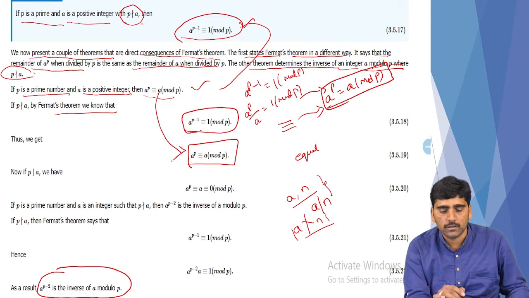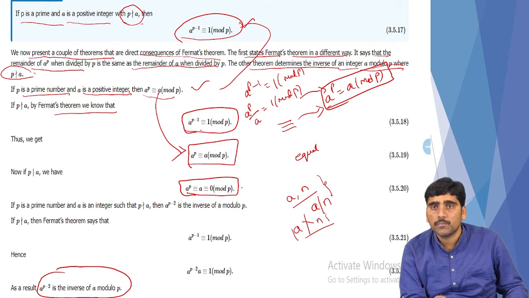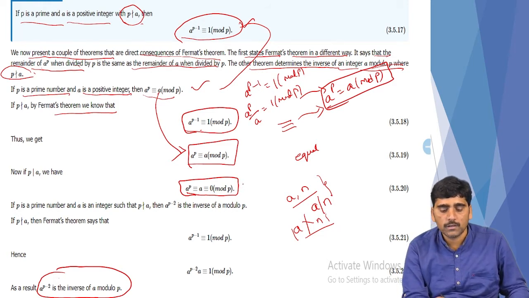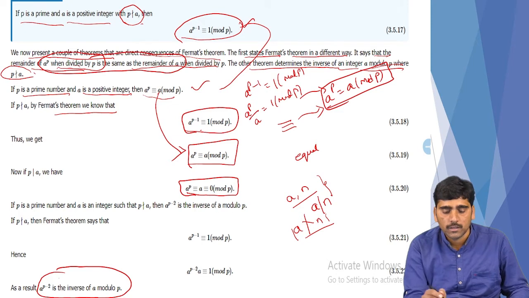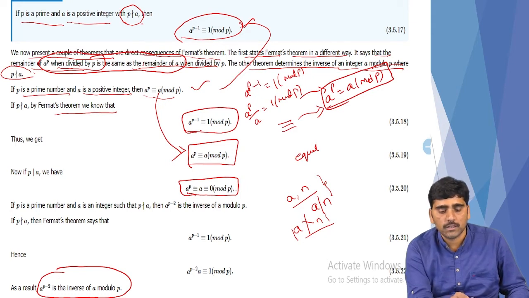Now if p divides a, we have a^p is congruent to a, which is congruent to 0 mod p, because a^p when divided by p has the same remainder as a, and that remainder is 0. That is what we mentioned from this statement.